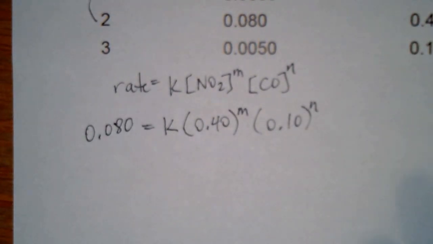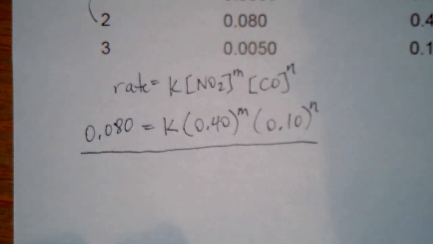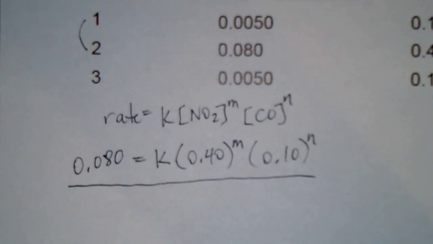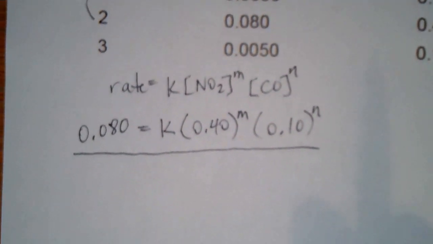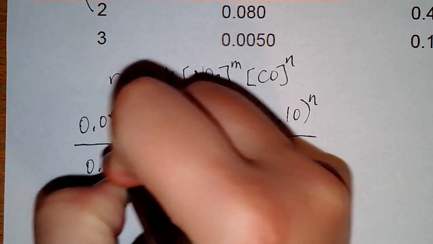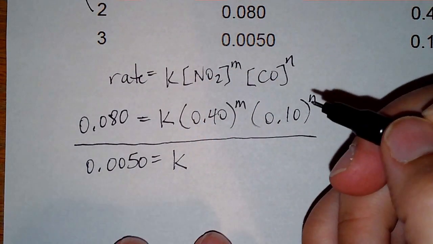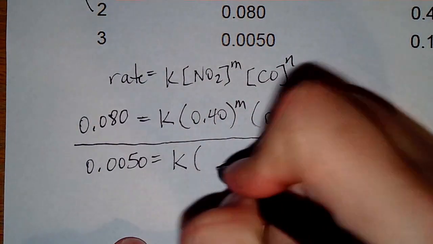Now I'm going to set up the bottom part of our ratio. 0.0050 is my rate, equal to K times my 0.1 to the M power.